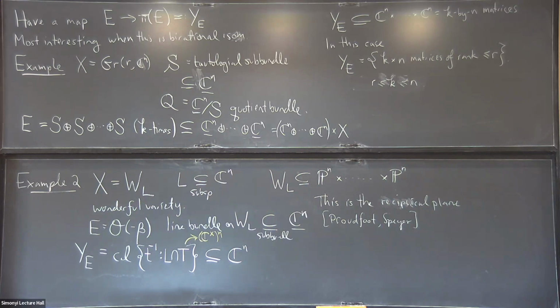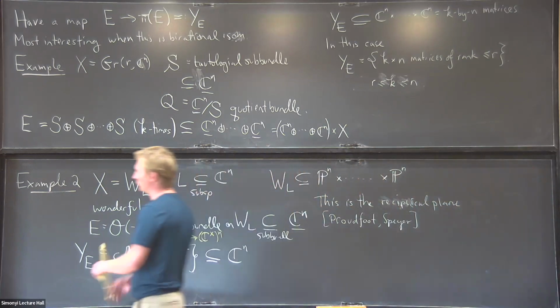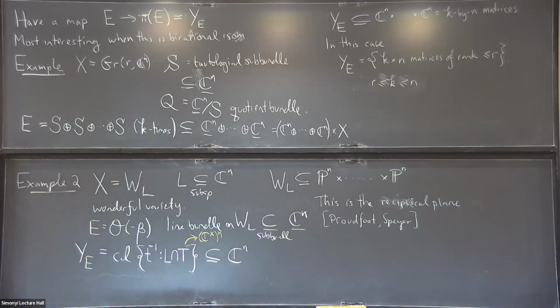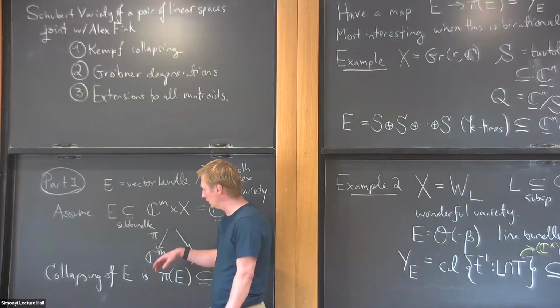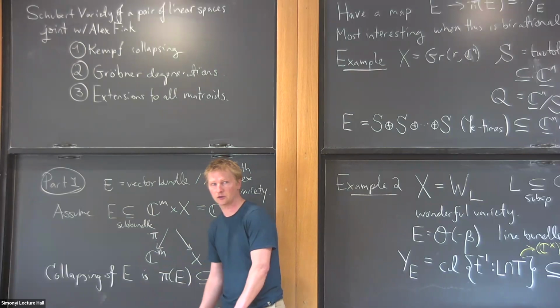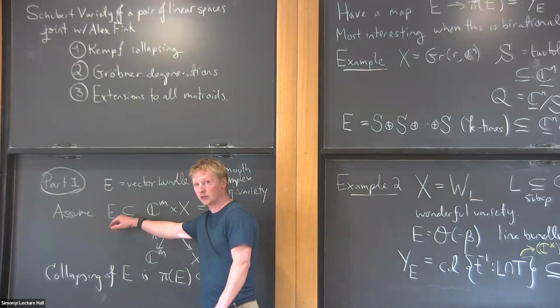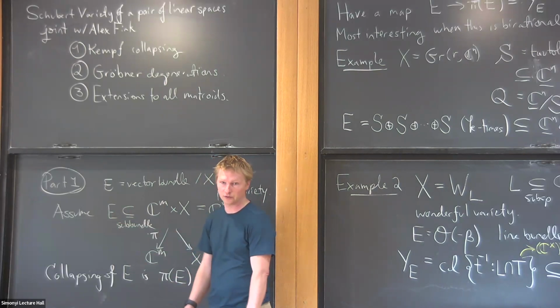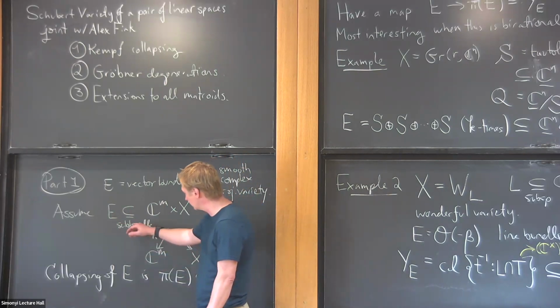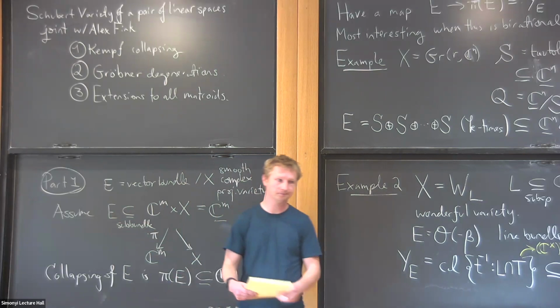All right, so in general, when you've got some vector bundle and you collapse it, in the case when the collapsing map is a birational isomorphism, a bunch of interesting information about this vector bundle is reflected inside of the collapsed variety.